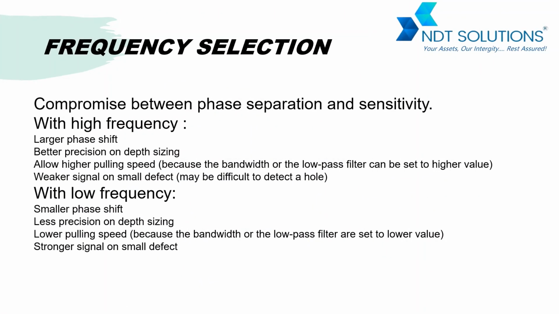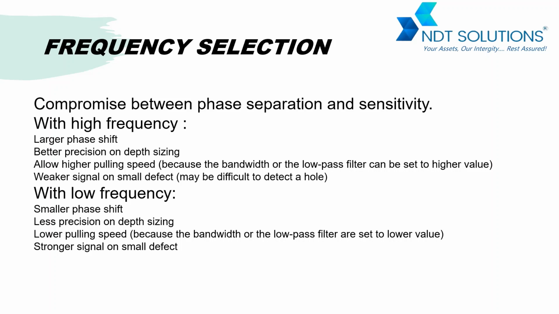In any inspection, whether it is eddy current or RFET, frequency selection is very important. All the defect sensitivity depends on the frequency, whether we can detect it or not, or how we are sizing it. There are both positives and negatives when using higher and lower frequency.